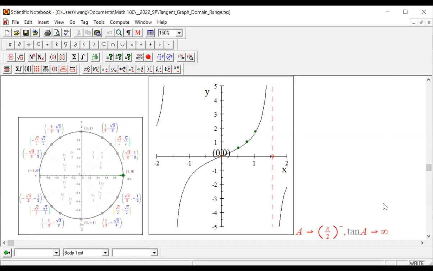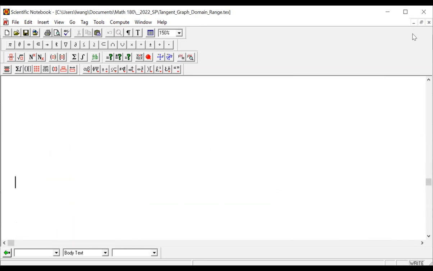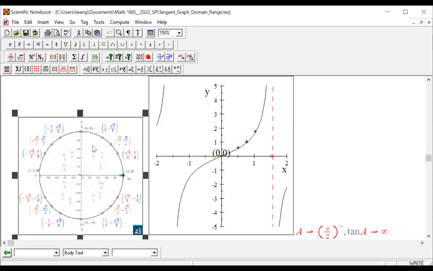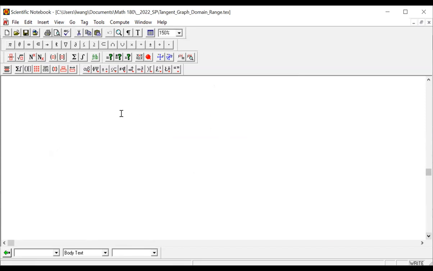So we realized the following, okay? The domain of tangent: the angle cannot terminate on the y-axis, period.